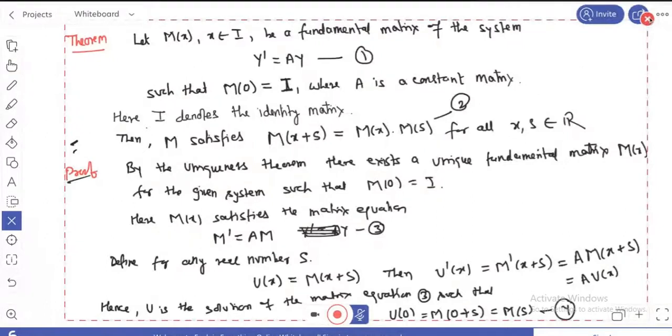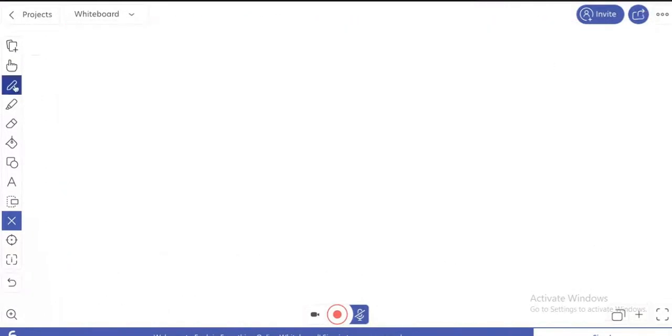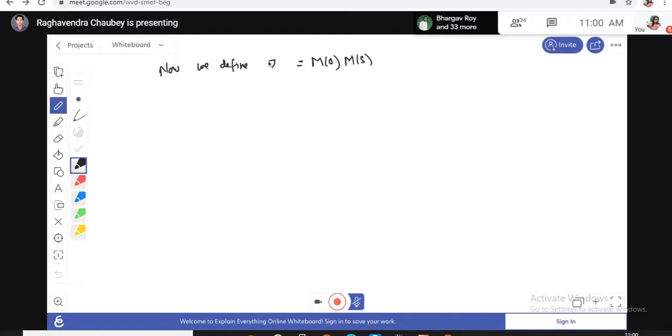Now we define this term, suppose z. So this is z(0).